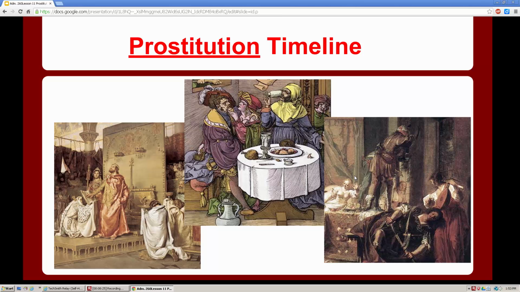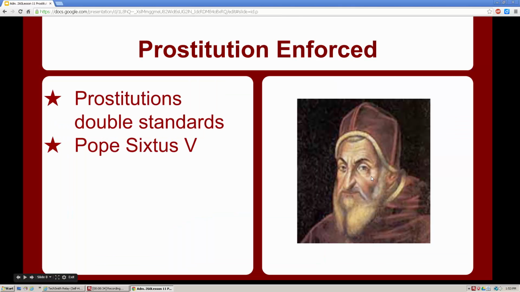So again, our values about prostitution were somewhat relaxed by this time. However, that comes to kind of a screeching halt by the end of the 1500s and going into the 1600s.